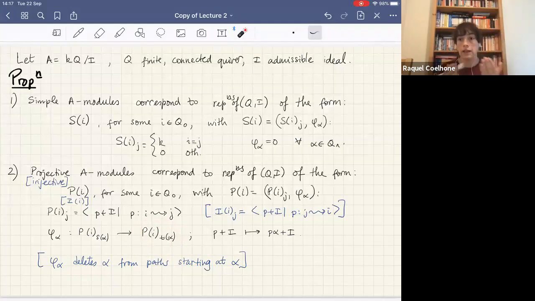You concatenate, and this defines the map. The other way around, we'll see this in an example, but basically you just delete the arrow alpha if you start with something that starts with alpha.